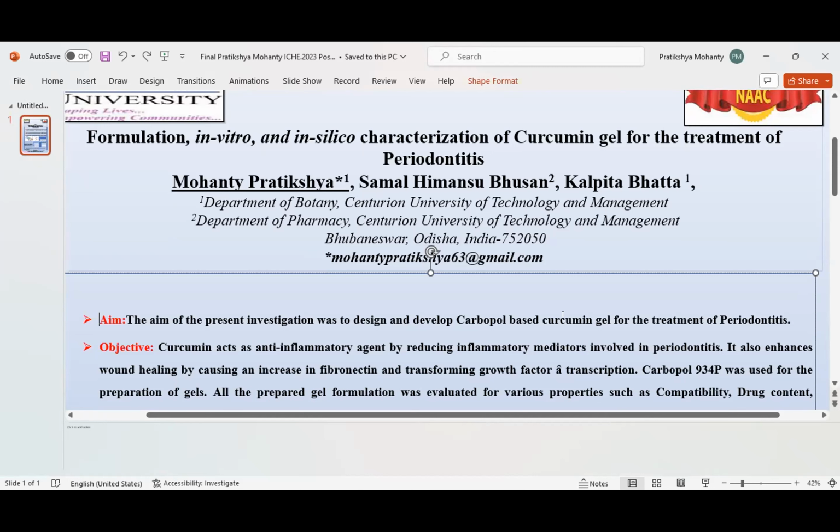As you know, in periodontal disease, when there is a gap formed between the roots inside the root pocket, at that time we use the gel formulation of curcumin, where there is strong formation of fibronectin, which further leads to regeneration of the tissue and healing of the disease.